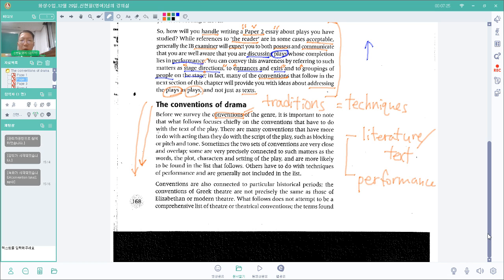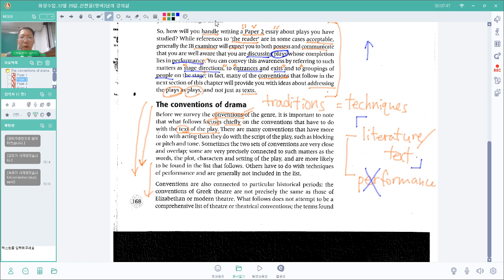Right. So what follows here in this part chiefly focuses on the techniques regarding the text of the play. Okay, we are not going to worry about drama techniques relating to actual performance. We're going to focus on the techniques related to literature and the text of a drama.